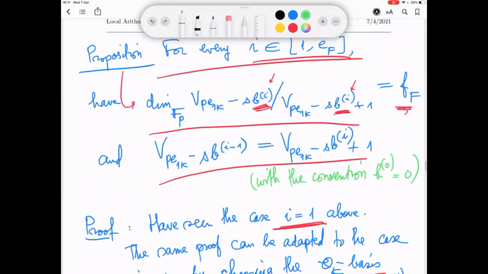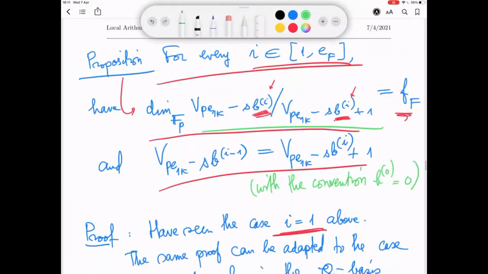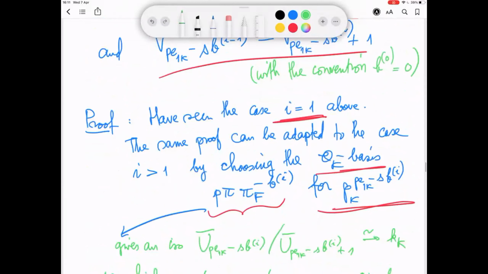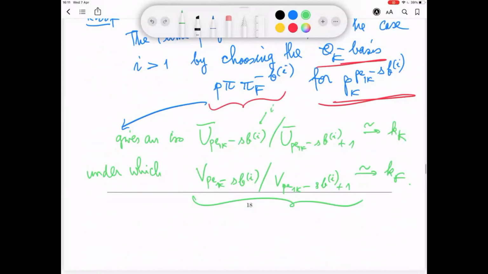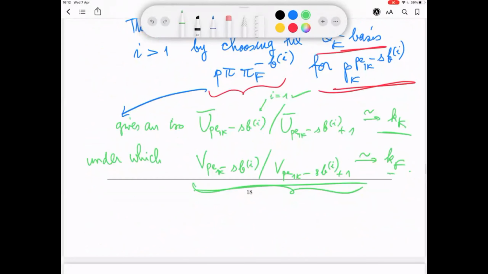This is what we want to compute, that it's FF. So if we do exactly as in the case I equal to 1, we have done it. We got an isomorphism with KK, under which the thing of interest to us got identified with KF, and therefore the codimension was FF. Okay.